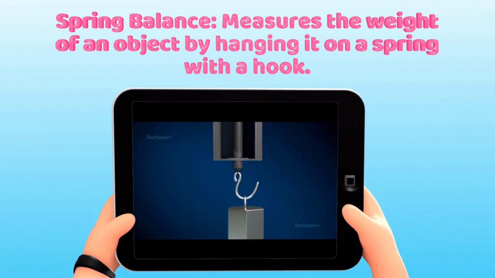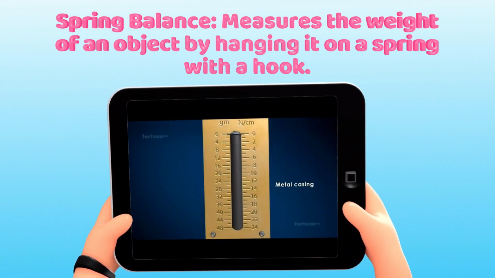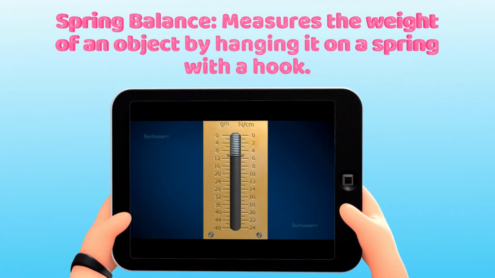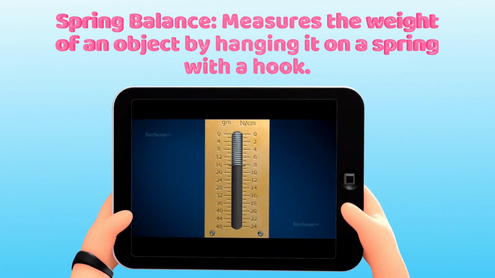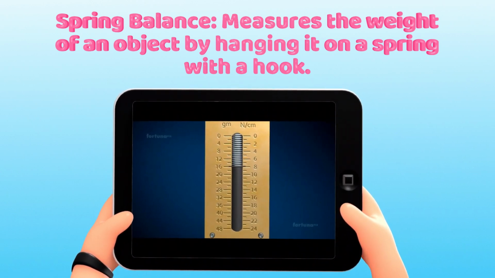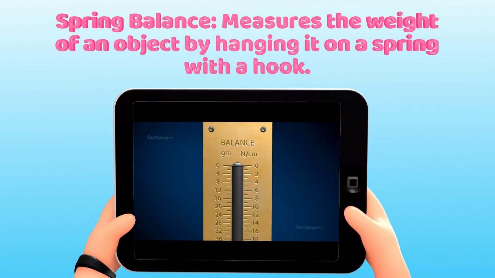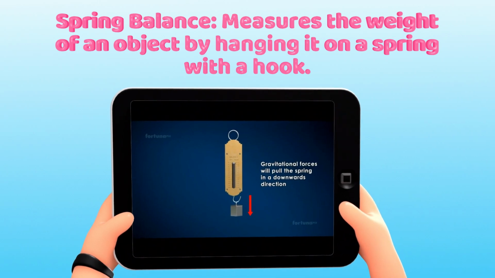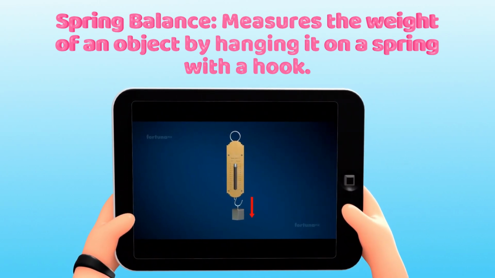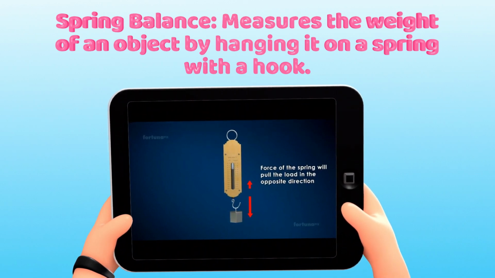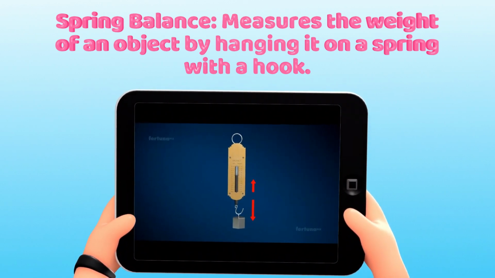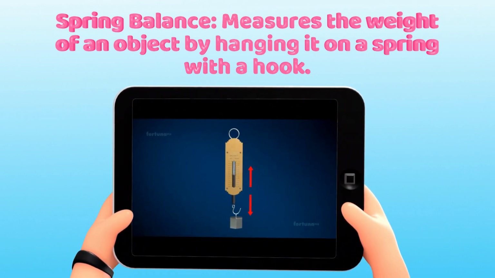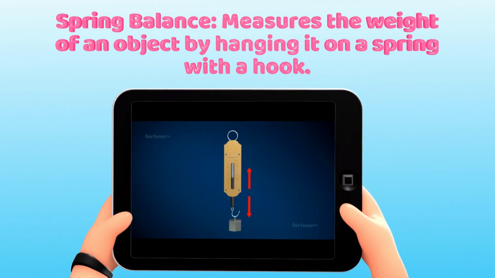So when we are measuring, we just hang the object over the hook, and then we can take the readings, which some of them can be in gram, others in Newton, as you can see at the top. That is basically how we read the spring balance. And remember, this spring uses the force of gravitation, and it works on Hooke's law, which you will learn in your advanced studies.